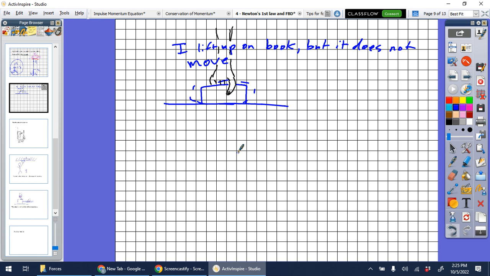So just to have things consistent with me, I'm going to just make my gravity arrow, say, I don't know, 5 units big. Okay, what other forces should there be on your FBD?